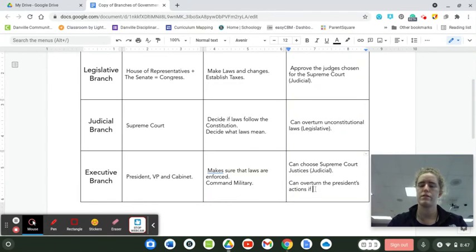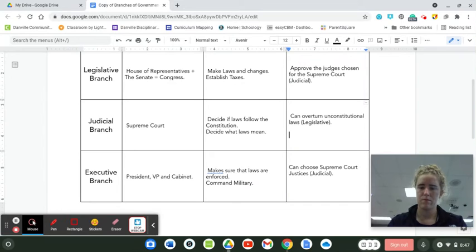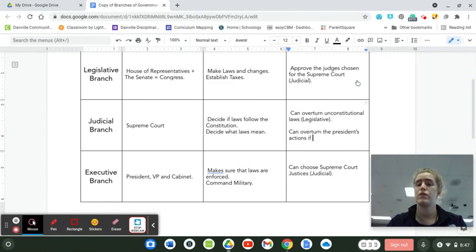Oh, no, sorry, this is the wrong file. Wrong section. That goes right here. Sorry, guys. And I know this is confusing. I just want you to fill in this form today, and then we'll get to the other stuff later. So they can overturn the president's actions if they're unconstitutional.